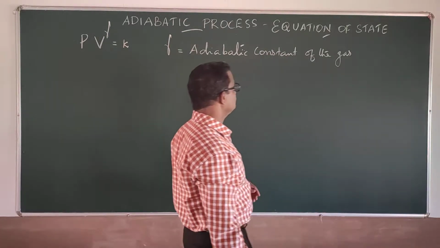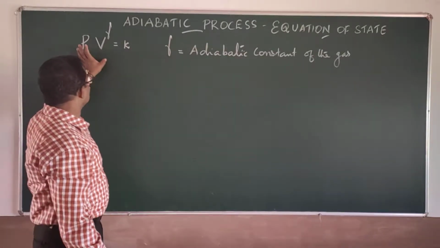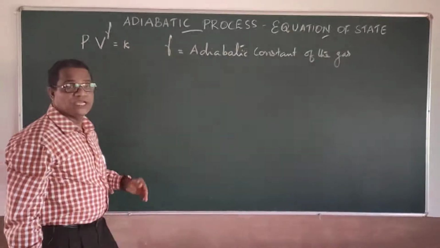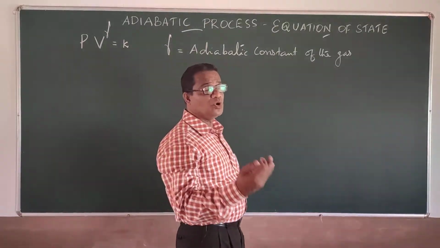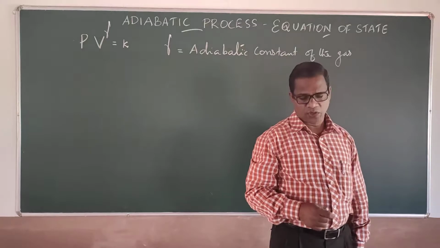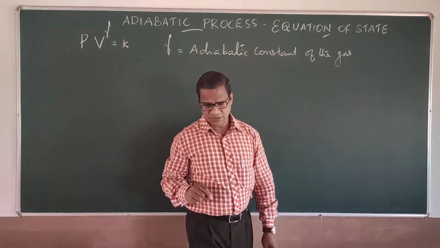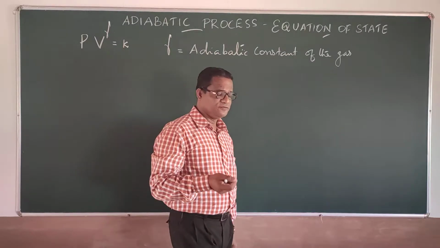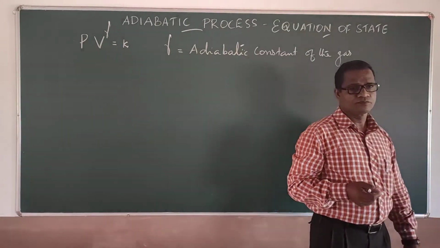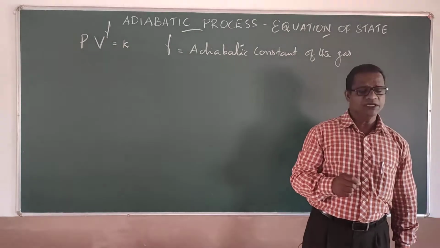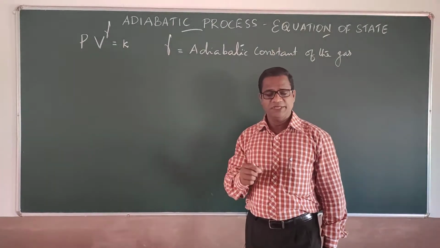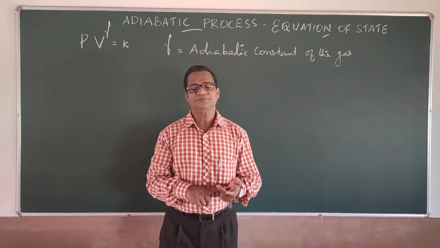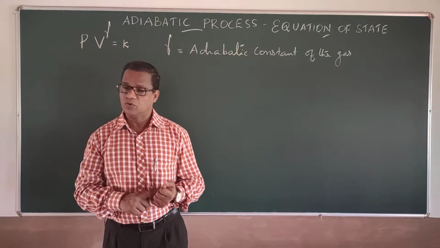So, this particular formula you get by heart, and from this we can obtain two more equations of state, because in an adiabatic process, as no heat energy is exchanged, you can have the equations of state related to pressure and volume, pressure and temperature, and temperature and volume.